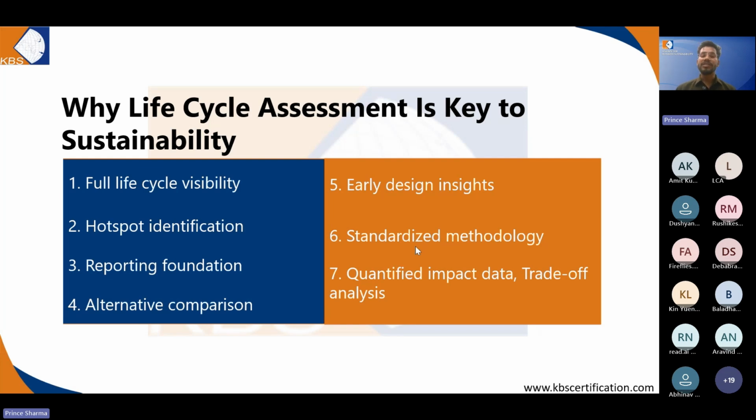Now coming to the seventh point, that is quantified impact data and trade-off analysis. Suppose you are doing something like, if this product is not good, we are doing this or that, we are reducing the energy, we are not using ODP materials, right? With that you will not be getting the full picture of that material or the product.